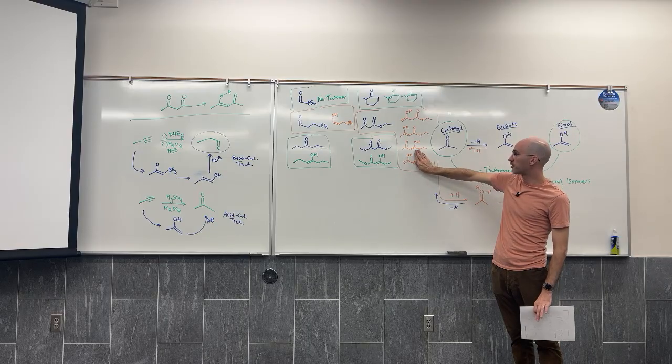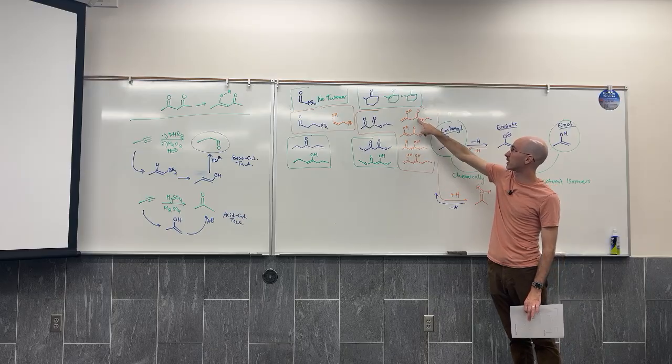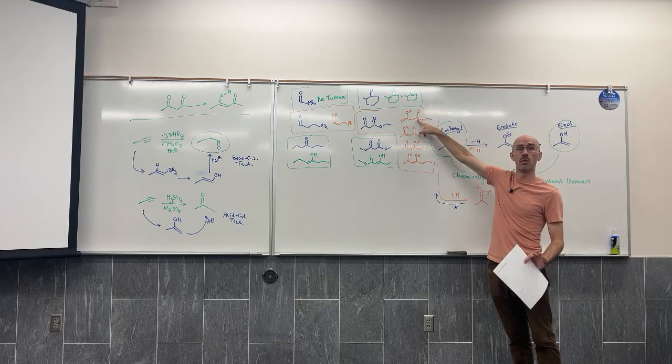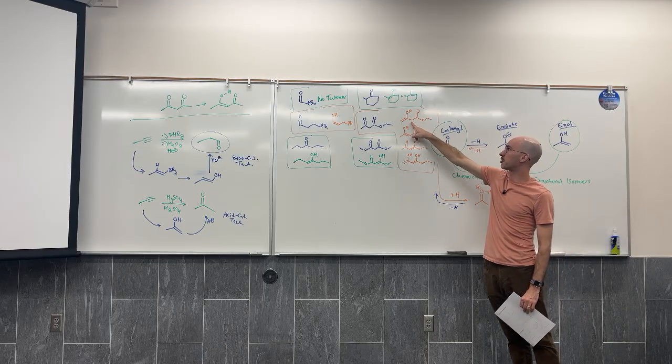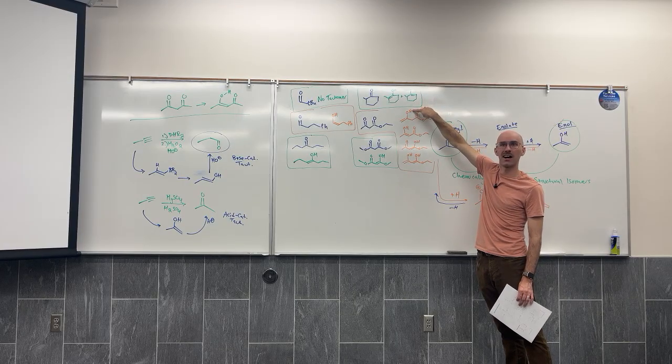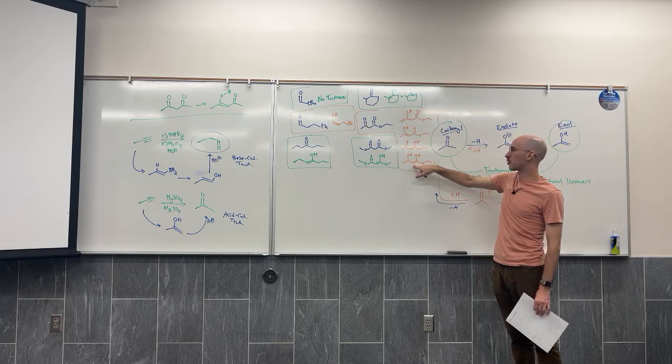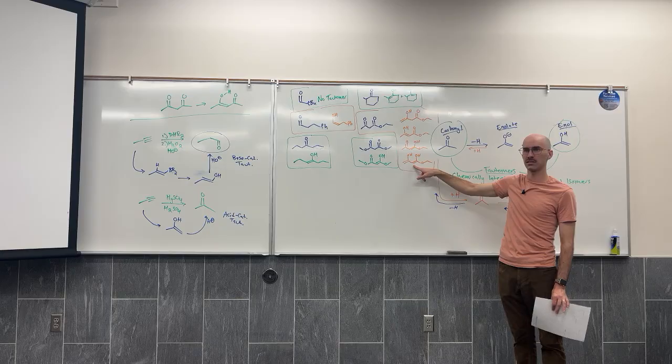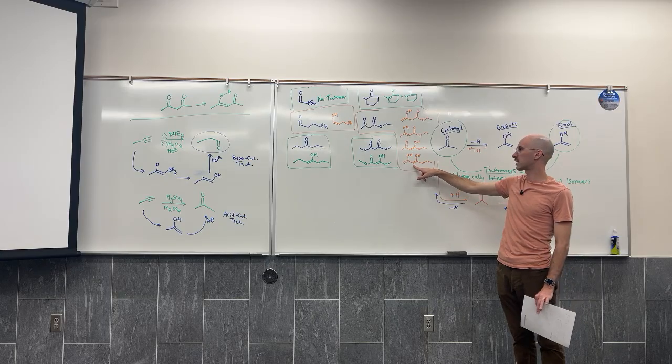Imagine that once you've actually tautomerized one of them, then you start wanting to tautomerize the other. What's more acidic, an alpha hydrogen or an enol OH? Probably an OH, because that oxygen is more willing to give up the hydrogen than carbon. So getting here would be really hard to do in basic conditions. Might be easier to do in acidic conditions.